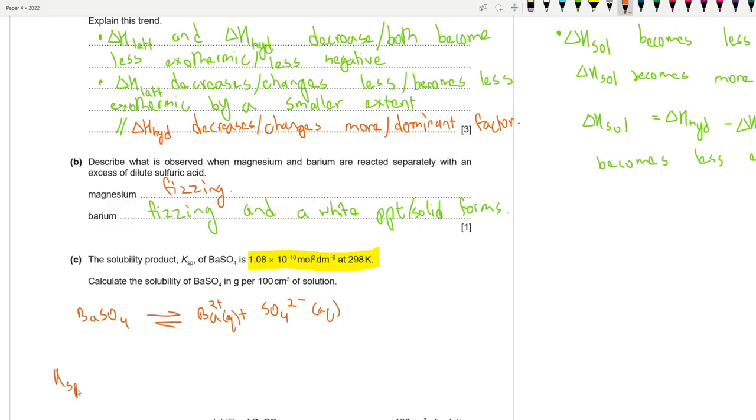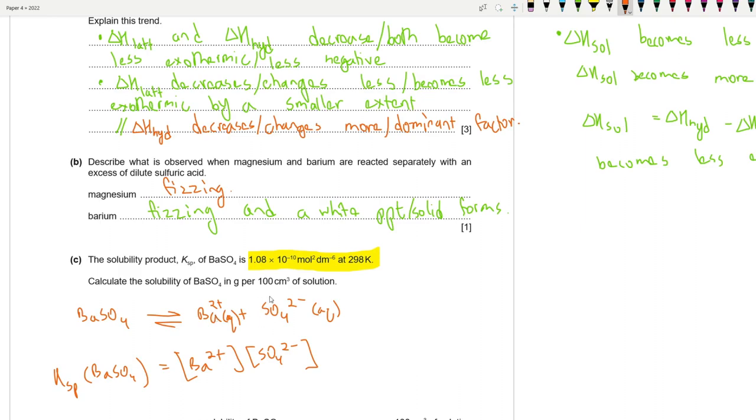So the Ksp of barium sulfate is actually [Ba2+] multiplied by [SO4 2-]. Basically these two have the same concentration, right?